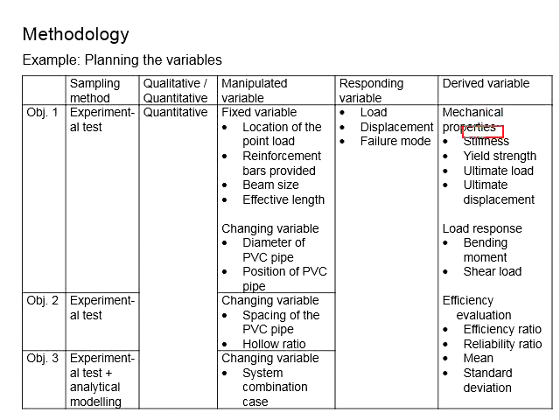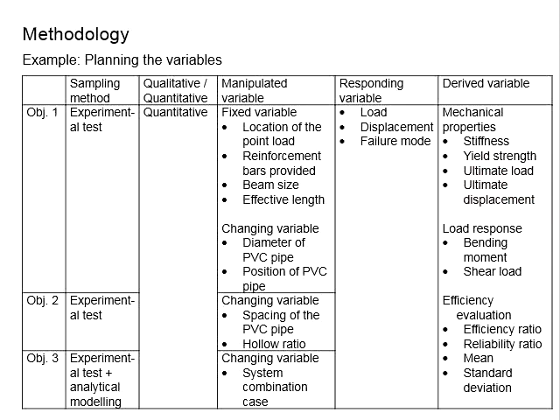The gradient will represent the stiffness of the specimen. The turning point will represent the yield strength of the specimen. The highest point of the curve will represent the ultimate load, and the corresponding displacement at the ultimate load will be considered as the ultimate displacement.